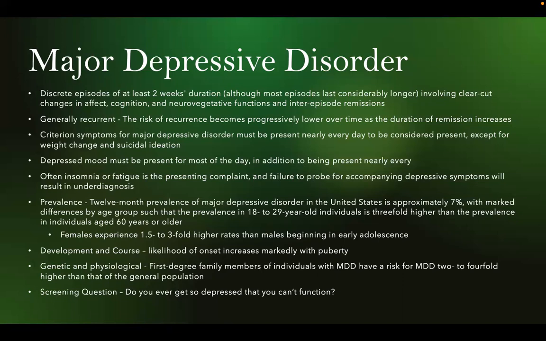So this is definitely believed to have a genetic component. So again, if you have somebody who's coming in presenting with things like insomnia or fatigue, a screening question for major depressive disorder would start with, do you ever get so depressed that you can't function?